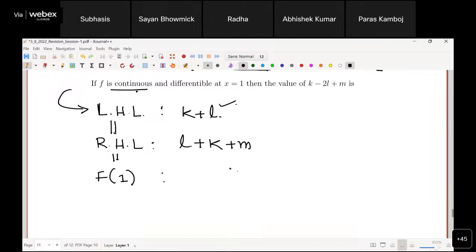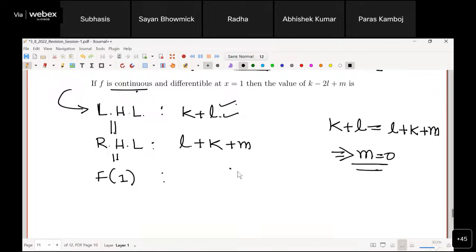So in the end, we want these two things to be equal: k plus l and l plus k plus m. If I equate k plus l with l plus k plus m, then from here I get that m is 0.